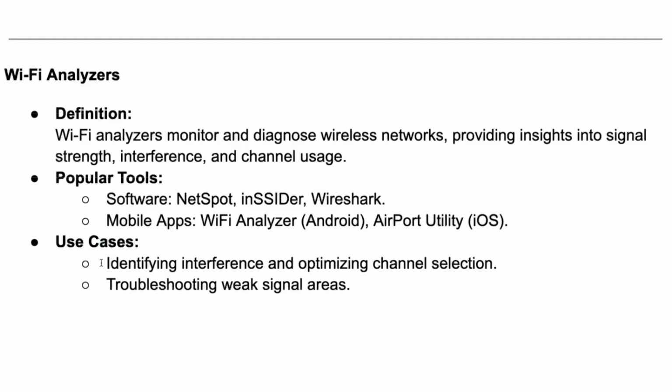And then we have the use cases here. So identifying interference and optimizing channel selection, and then troubleshooting weak signal areas, also known as the heat map. So for the most part, I know for a fact that Wireshark doesn't generate a heat map. But as we go to try to use these various tools here, we'll try to see if we can generate a heat map.